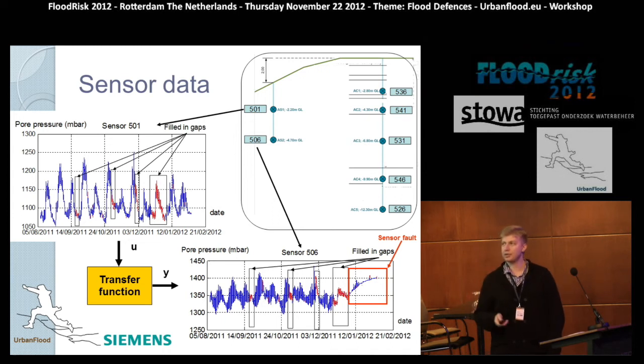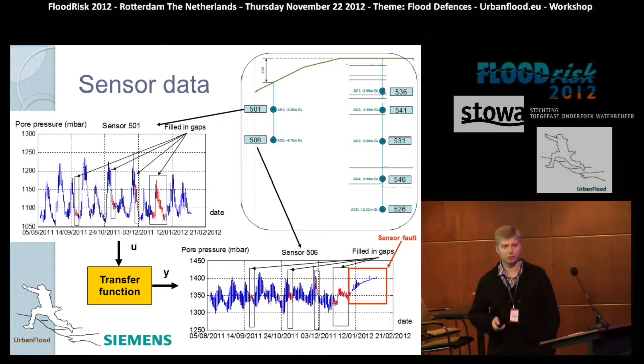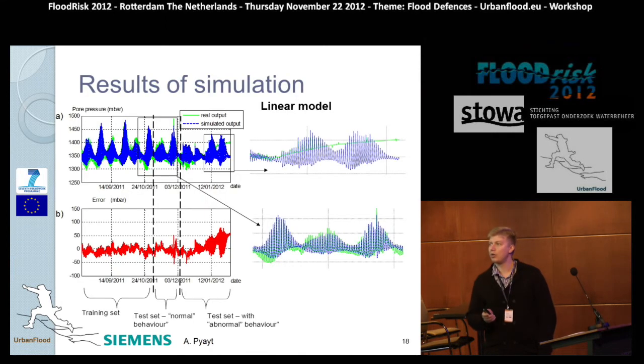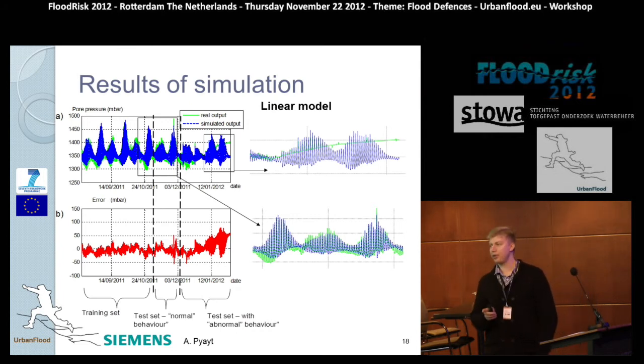We used the sensor with normal behavior as input, and we tried to simulate as output the sensor with the predefined sensor fault. We have split the available data set in 3 parts. We generated a training set. We had a test set with definitely normal behavior, and the last part was the test set with abnormal behavior.